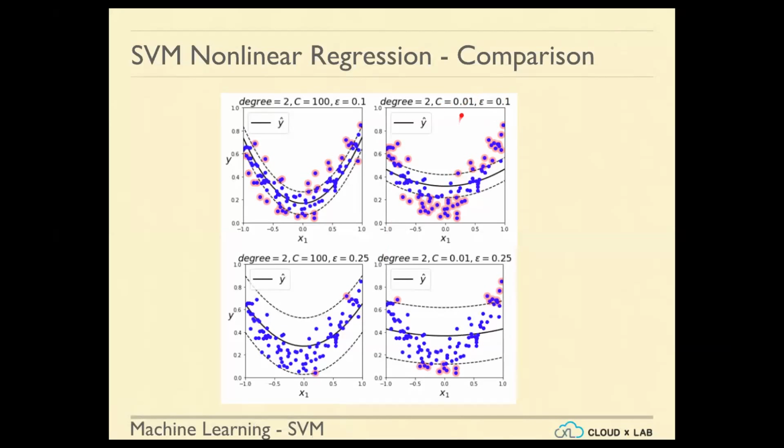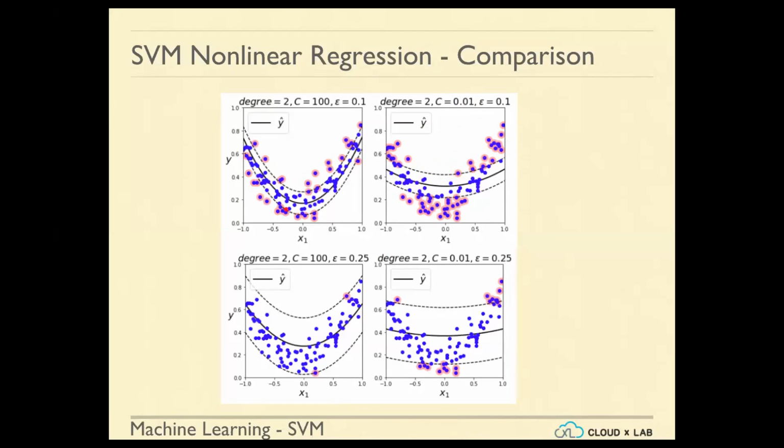When c was really small, for the same epsilon, it basically did a lot more violations and skipped a lot of random data.